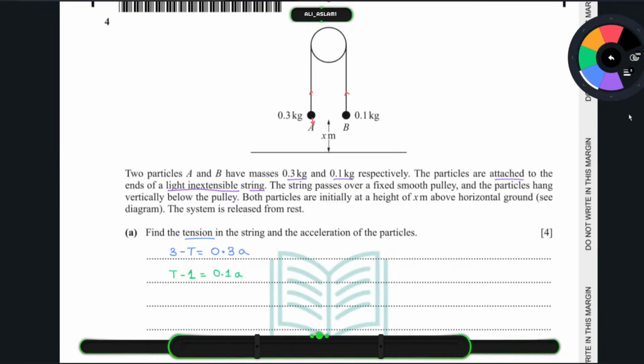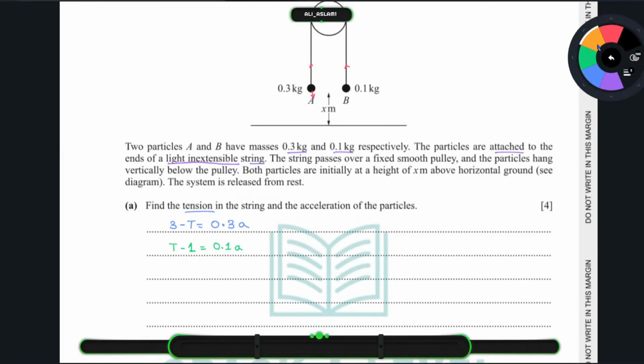If I eliminate them, by adding, that becomes 2 is equal to 0.4A, and we get acceleration as 5 meters per second squared.